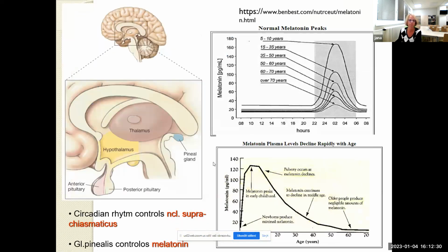We see that sleep is regulated by the brain itself, and it uses several structures. One of the most important are the nucleus suprachiasmaticus and the glandula pinealis, because these two are involved in producing hormones. The nucleus suprachiasmaticus works with light and the glandula pinealis with melatonin.